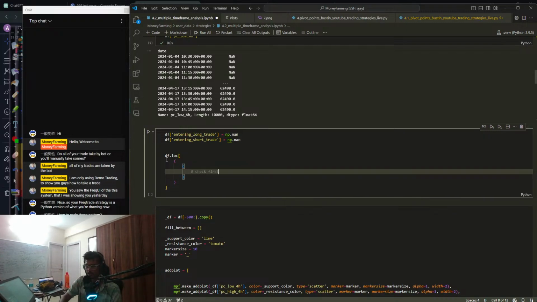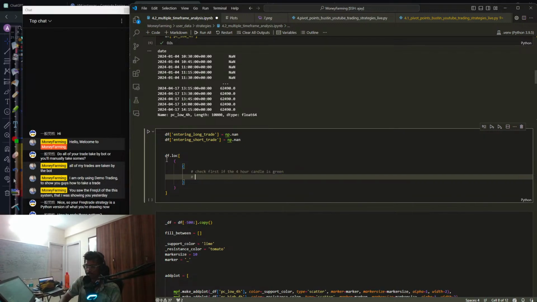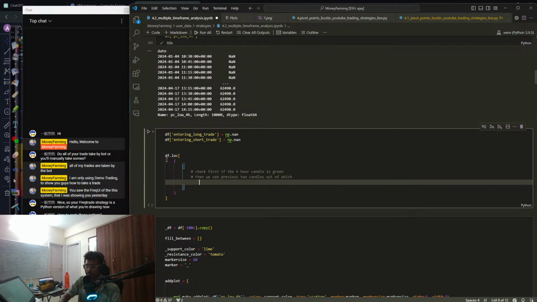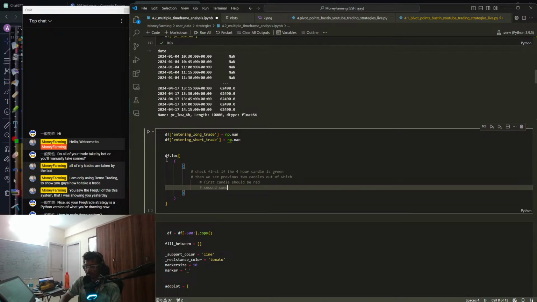Check first if the 4-hour candle is green, and then we see the previous two candles, out of which the first candle should be red, and the second candle should be green.